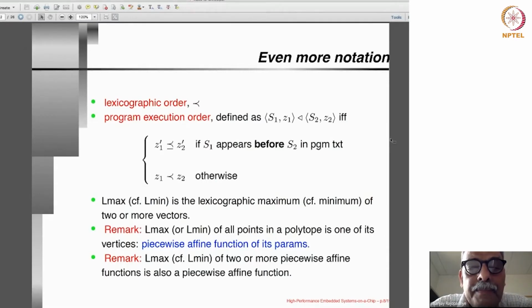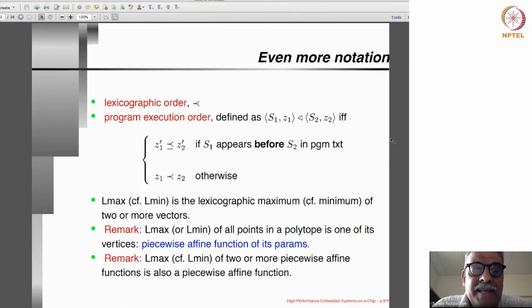So the lexicographic order is basically the union of polyhedra, or union of linear inequalities. Again, if this statement is not very clear, just be patient, take it on faith for now. If you think a little bit about it, you will get it.